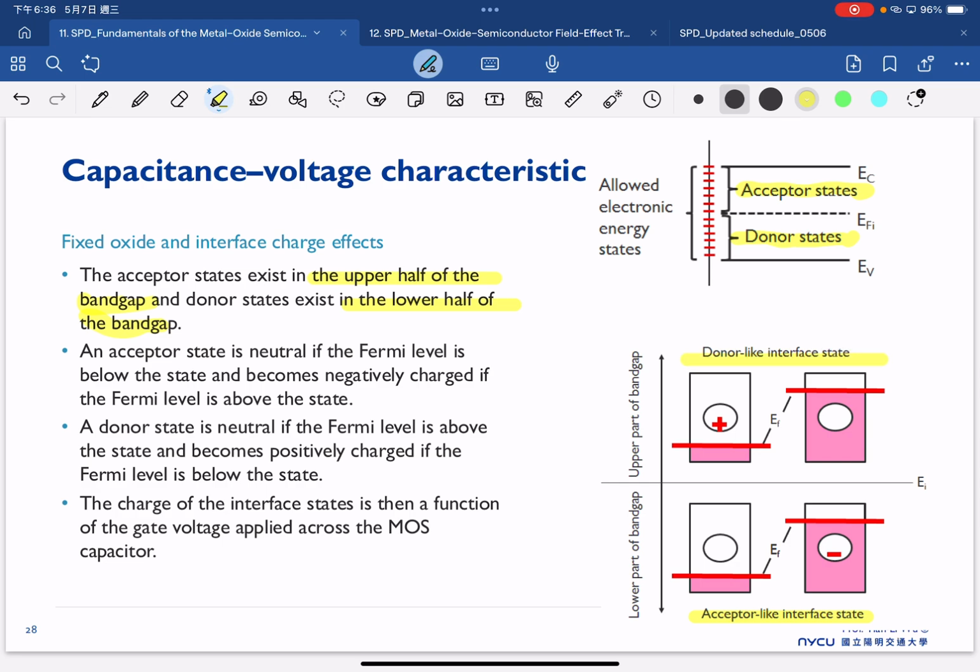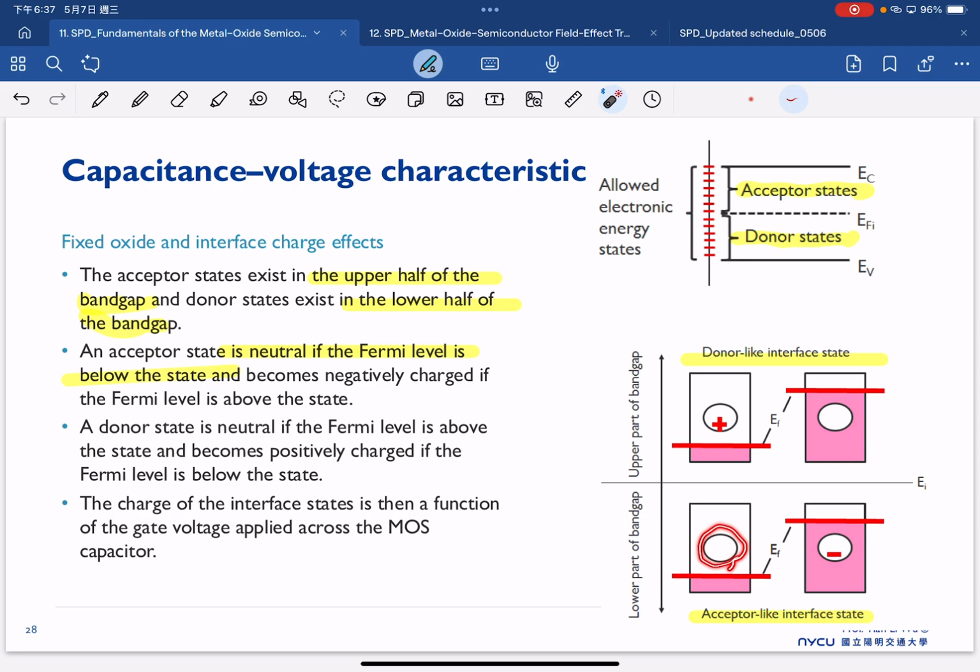So, the acceptor state is neutral if the Fermi level is below the state. We can see the case here. This is our state. If the state is neutral, that means the state is not being charged with any charge.